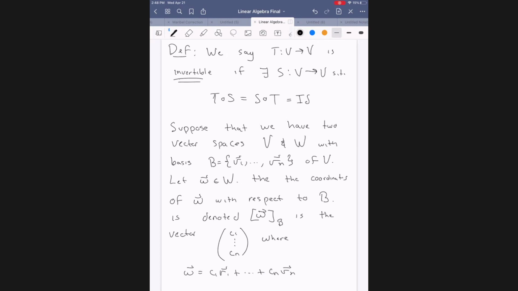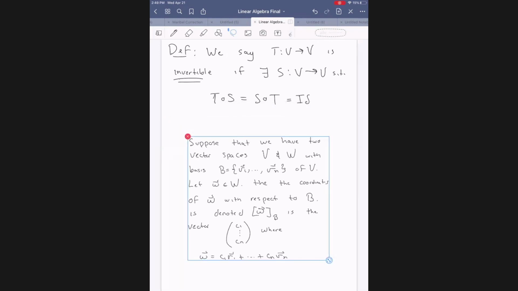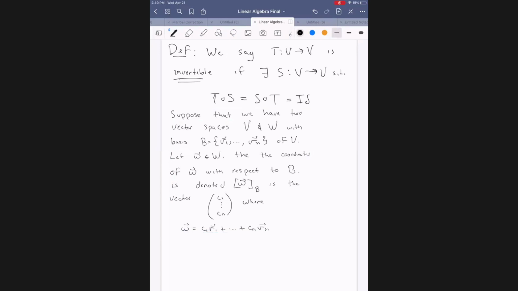So if you write W as a linear combination of the basis elements in V, those constants in the front are your coordinates for W. So basically, we say that W bracket in B is equal to C1 all the way to Cn.